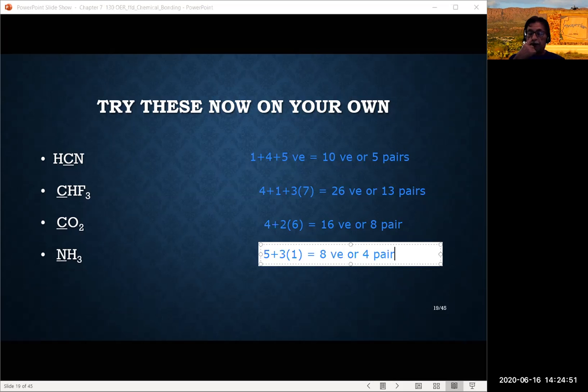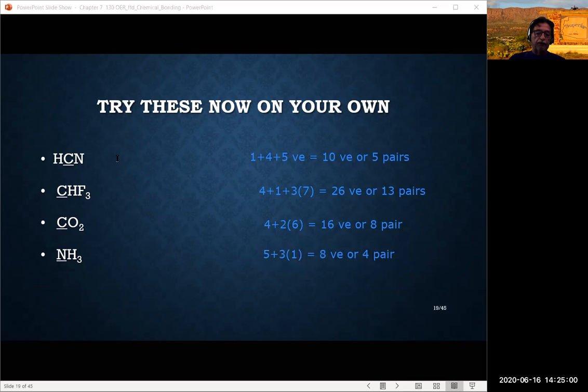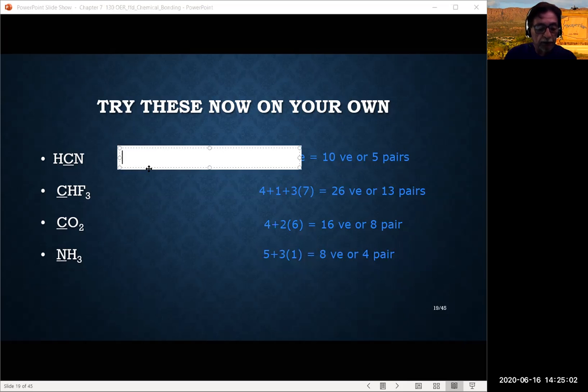For the first one, we got 10 valence electrons, or 5 pair to work with. Because we know the carbon's a central atom, we can very quickly draw that structure.